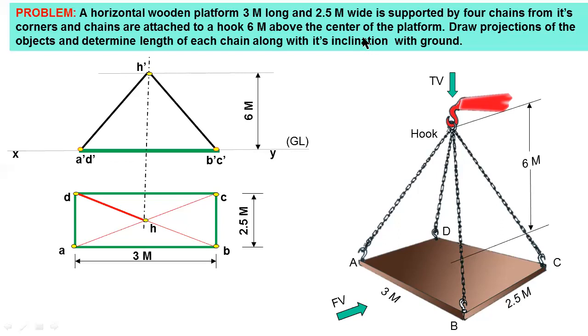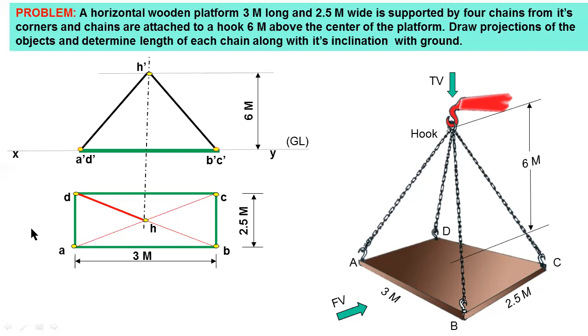For the inclination with the ground, you have to consider any one chain in the top view. So I consider the DH chain, and you have to rotate this DH chain in a clockwise or anti-clockwise direction.